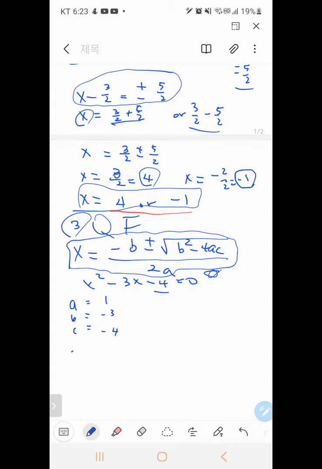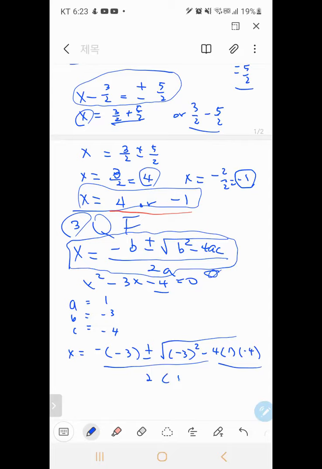Right? So we know x is minus b plus or minus the square root of b squared minus 4ac, all over 2a.